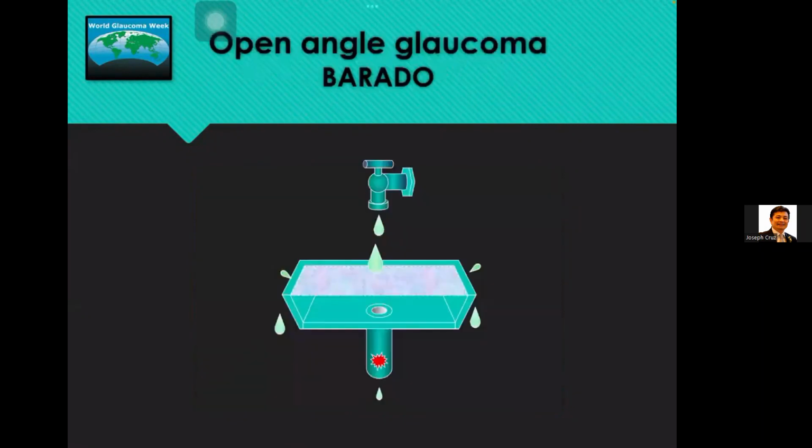Similar po dito. Wala naman pong nakatakip po sa drainage, sa external drainage po ng ating lababo. However, bakit po umaapaw yung tubig natin dito? Sapagkat po, ang may problema po ay doon sa kaloob-loobin ng ating drainage. And that is basically what is the open type of glaucoma.